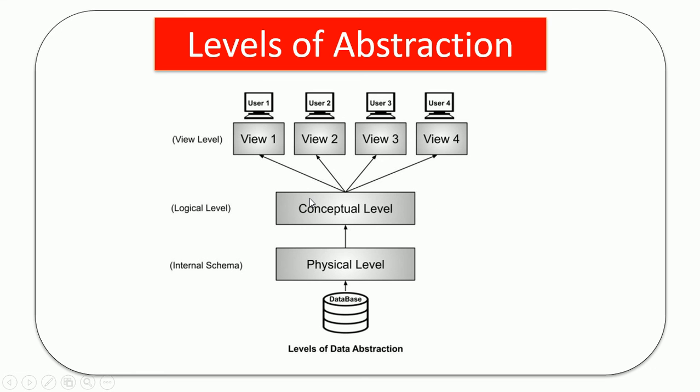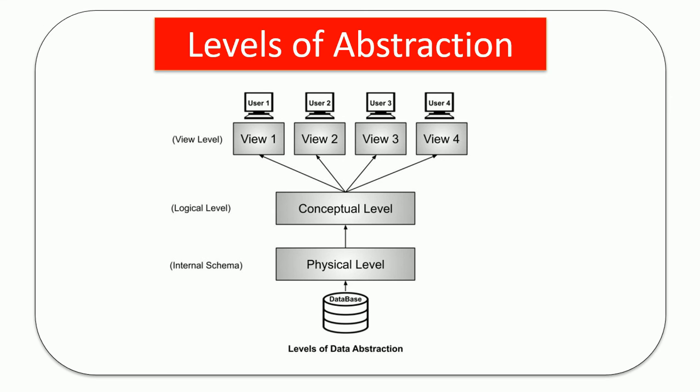And finally this server will be able to represent this recognized table into meaningful information in the form of a table to the user. So that is the view level. So these are the three levels in which data exists in a database management system.